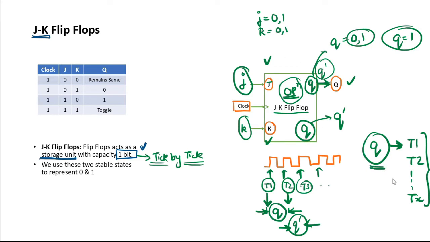I hope I am making sense till now. So a JK flip-flop stores one bit of information tick by tick, and in order to store any bit for a certain duration, we just provide the input accordingly. What input is to be provided in order to save this q is what we will discuss a little bit.